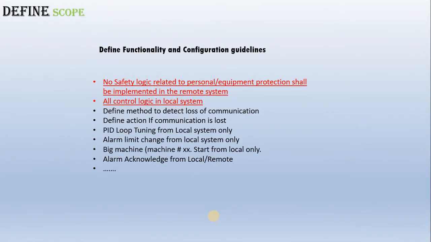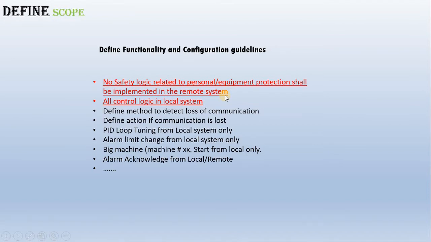One of the very crucial items is where you will put your logic. When we say local and remote, this is very important, because in my point of view, you should not have any logic associated with safety, related to personnel or equipment protection, in the remote system.